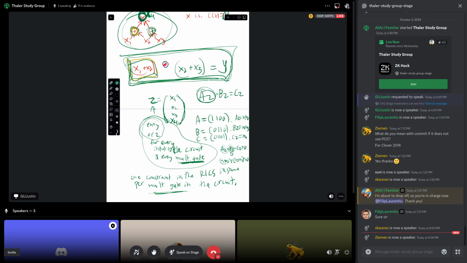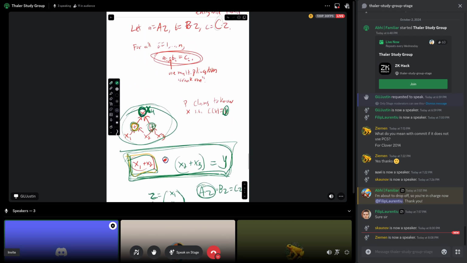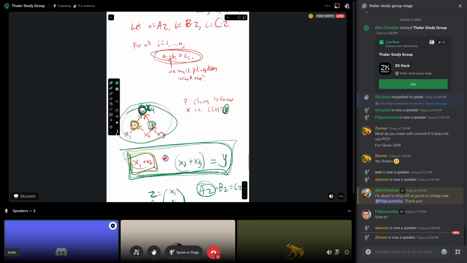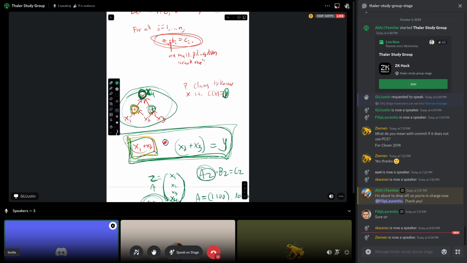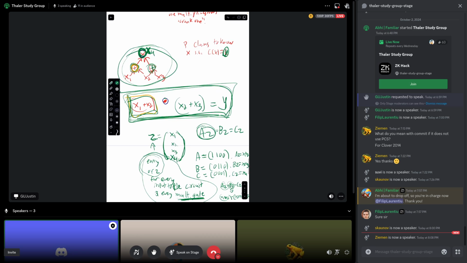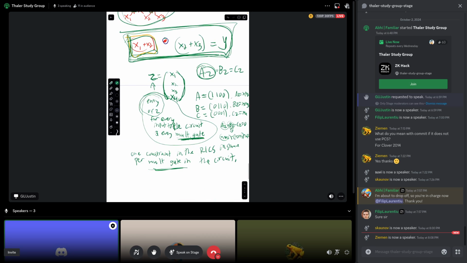That's it. The way I think of R1CS generally is like an arithmetic circuit where you only pay for multiplications, because the number of constraints is independent of the number of addition gates in the circuit.